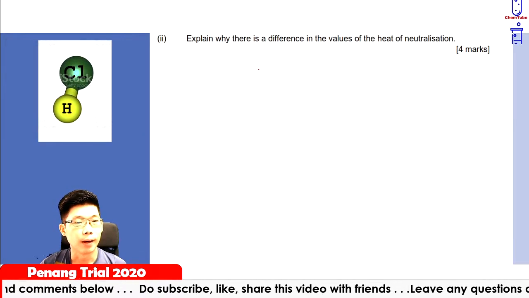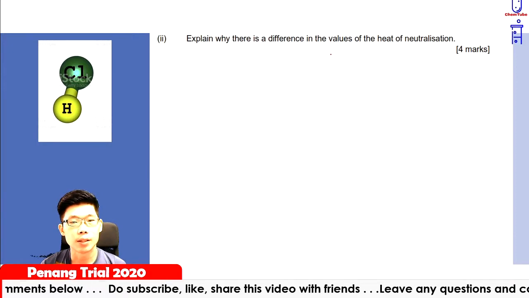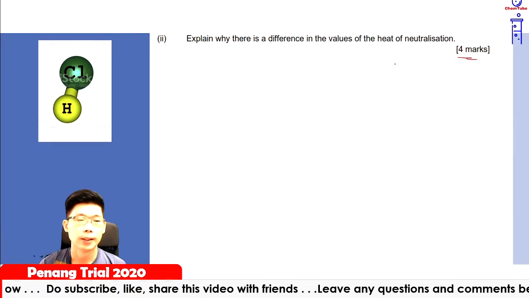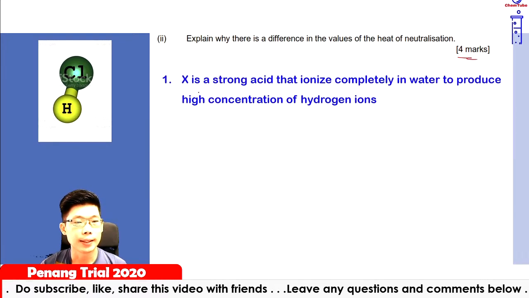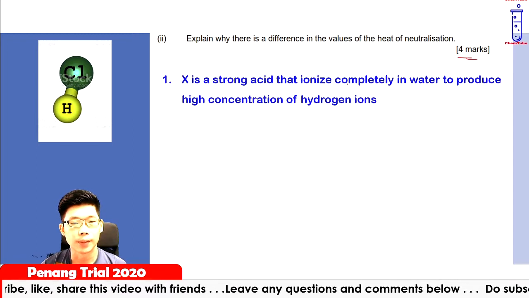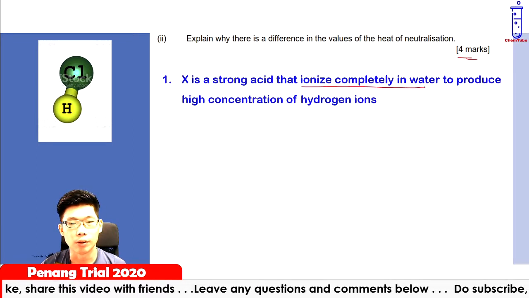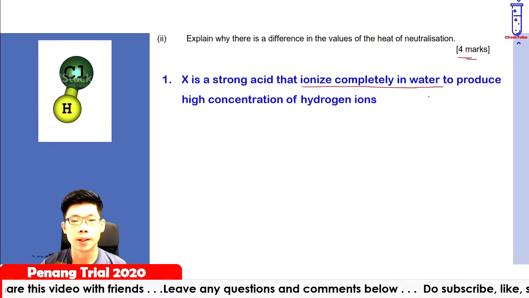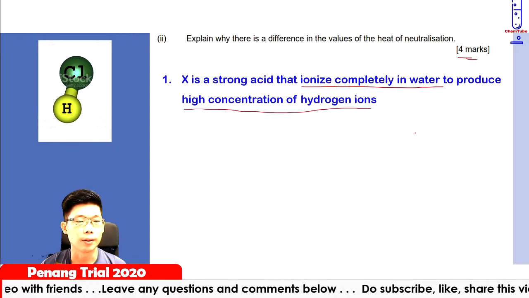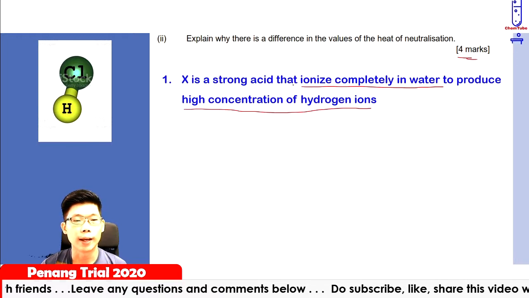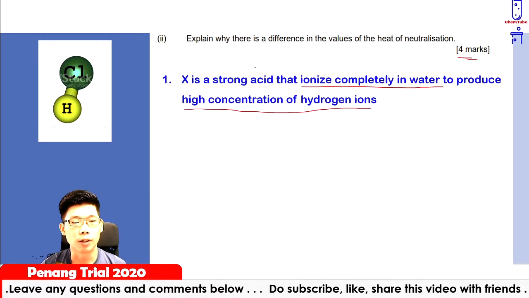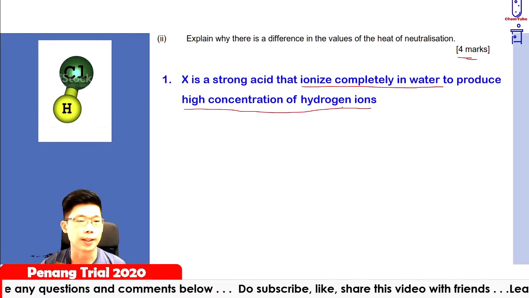Okay. Now explain why there is a difference between the values of heat of neutralization. So 4 marks. Okay. So X is a strong acid that ionizes completely in water to produce a high concentration of hydrogen ions. Whenever you want to define or explain a strong acid, remember these 2 points.